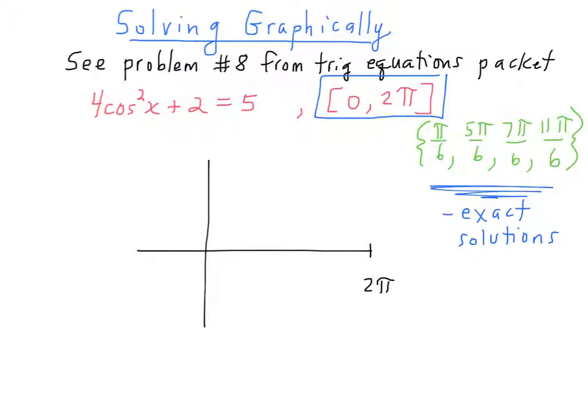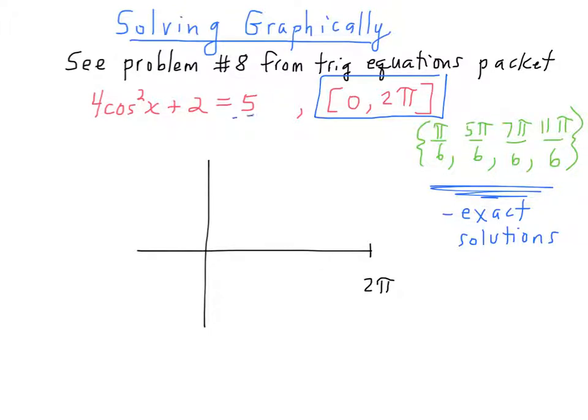Next, if we're looking to solve this graphically, a lot of times it makes sense to just get this equal to 0, bring everything over to one side, so you just have one equation to enter. Another option is you could enter the left-hand side into y1 and the right-hand side of our equation into y2 and find the intersection point.